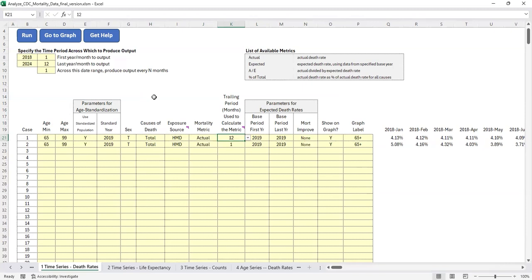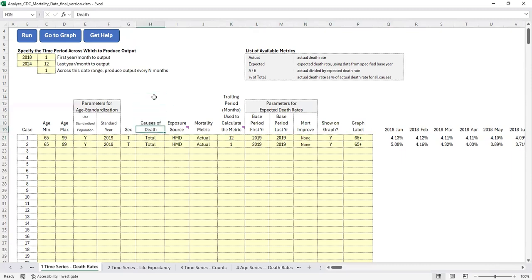It will be based on the trailing 12 months of data. So if we produce output for January of 2018, it will be based on data from February of 2017 through January of 2018. You can set this parameter to whatever you please.